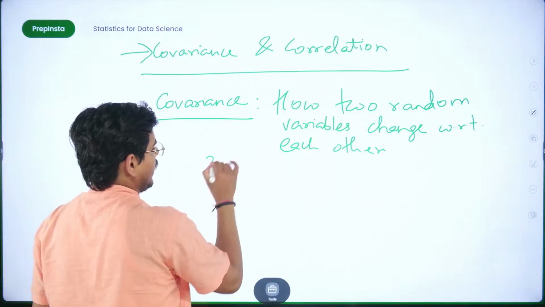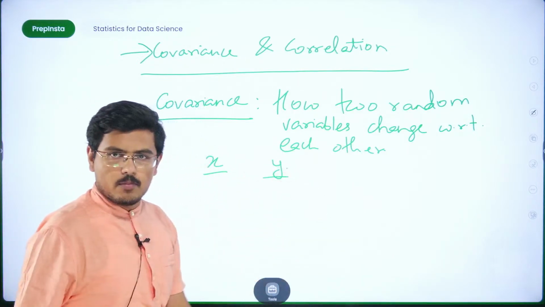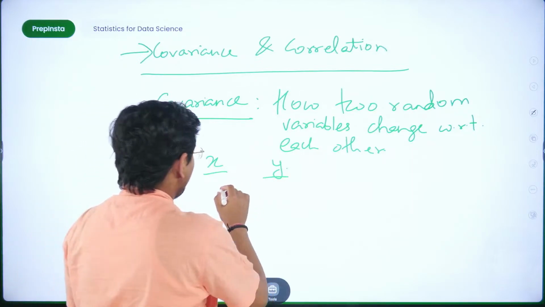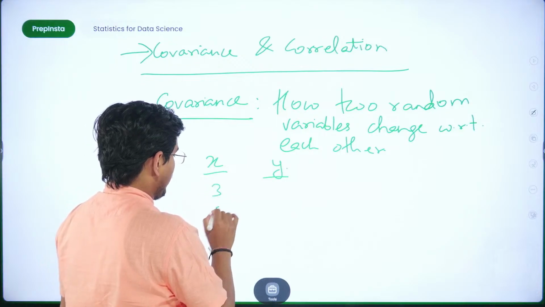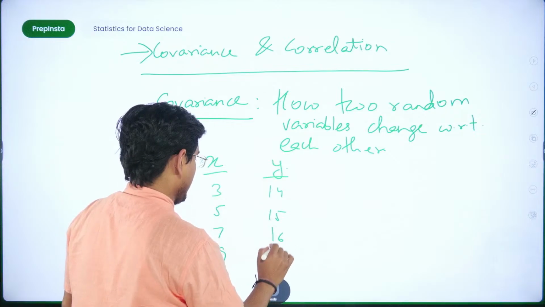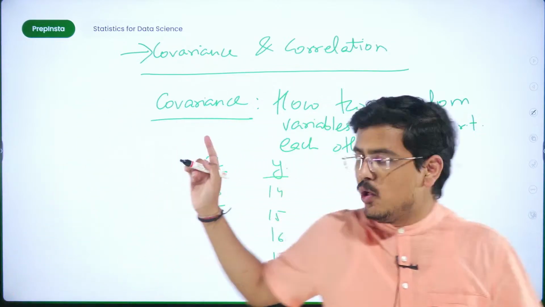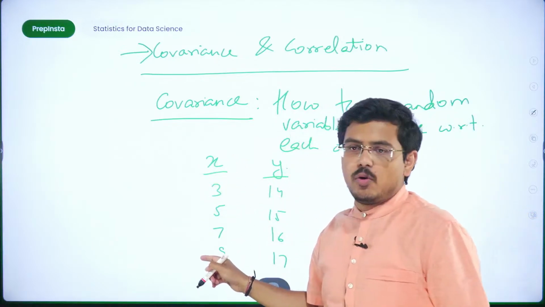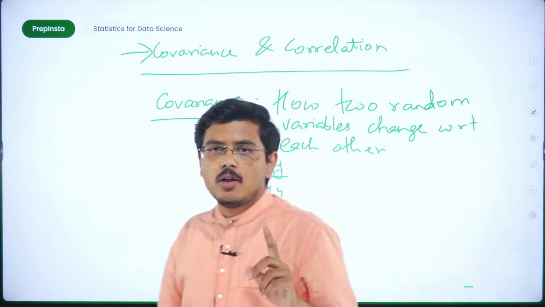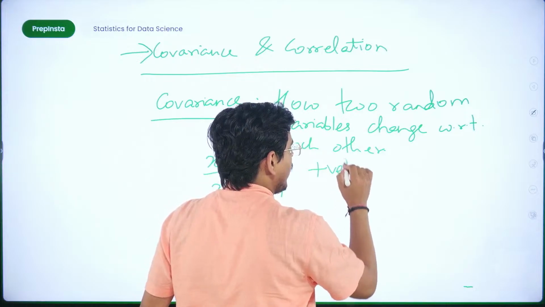For example, there are two variables x and y at your disposal. Say you have these numbers written here, 3, 5, 7, 9, and here you have 14, 15, 16, 17. If you carefully see, when I increase the value of x, the value of y is increasing, right? So x and y are positively correlated.